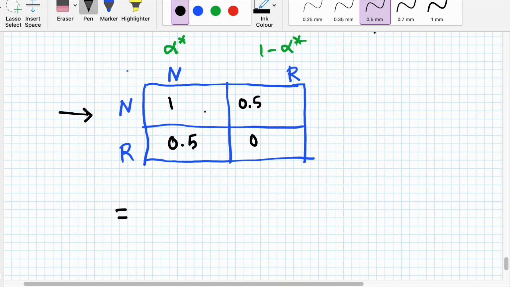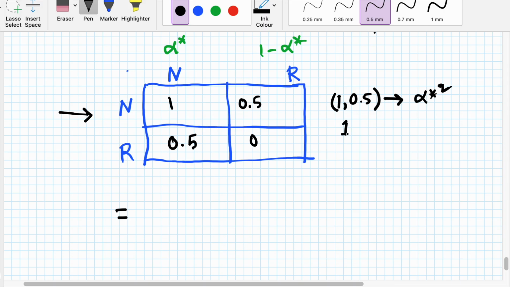So if she finds in n 1 and in r 0.5, then she will realize that the consequence associated with n is best, with probability alpha star square.